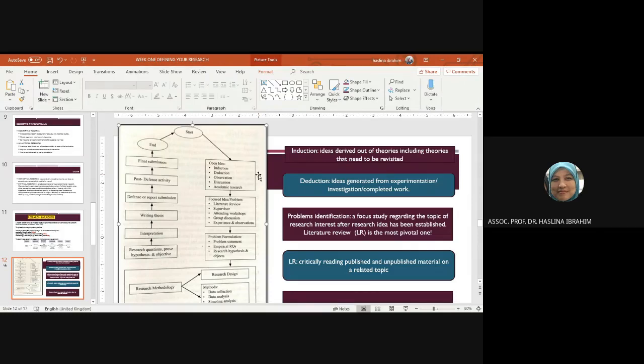This is how you open up your ideas to a research, either through inductive method or deductive method or through your observation. One recent technique in generating ideas is called grounded theory. Say for example now COVID, there's not so much empirical research done on COVID yet.